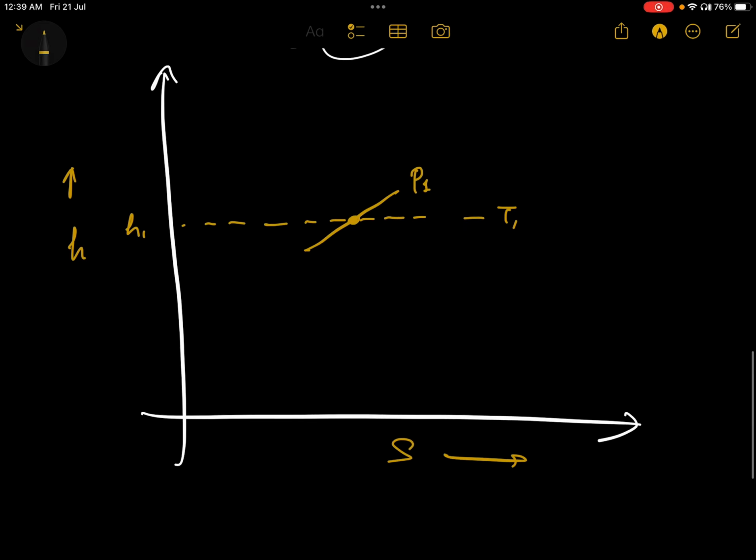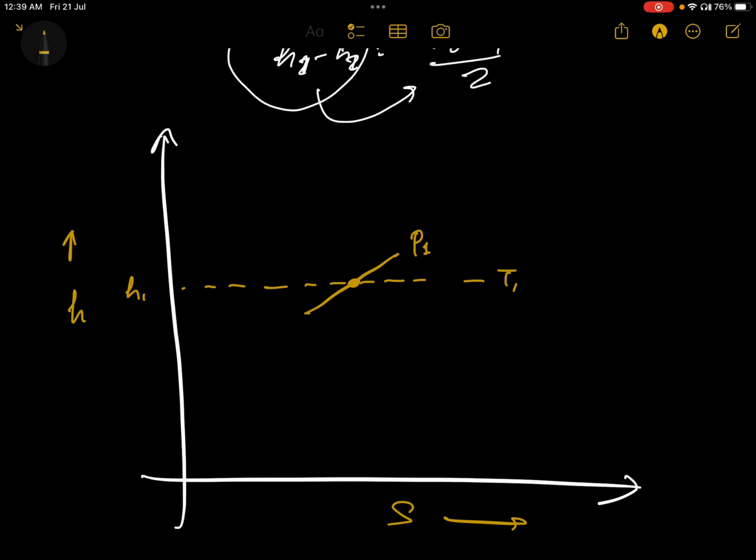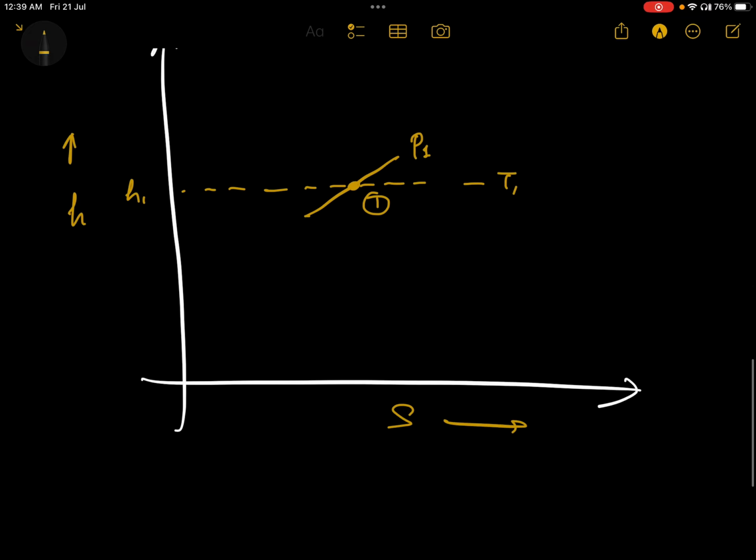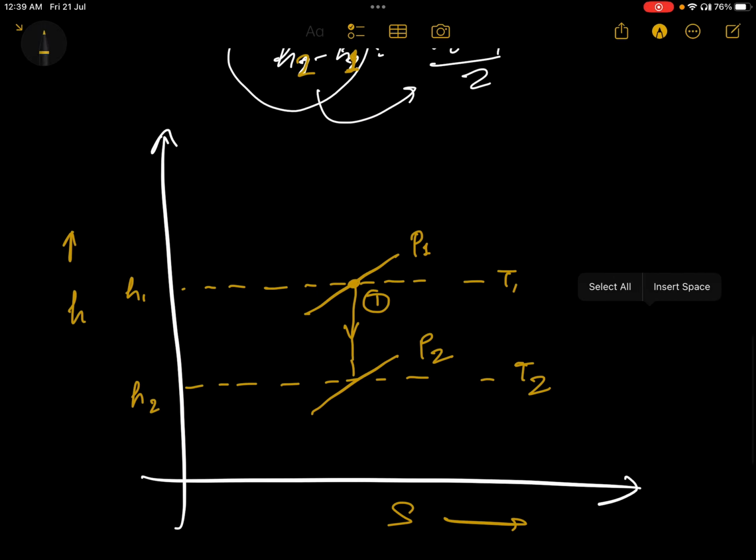When it comes from the first state to the second state, we know that the enthalpy is decreasing. H2 is less than H1, at temperature T2 and corresponding pressure P2. So the enthalpy is decreasing.